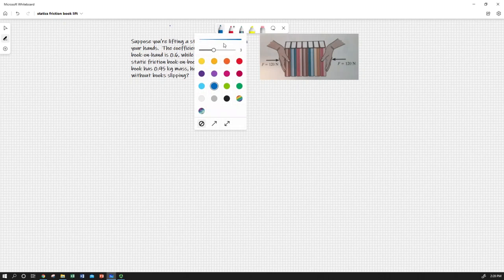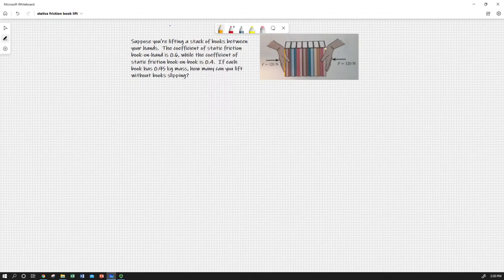And the coefficient of friction between the hand and the book, which would apply only to these end books here, is a little higher than it is between book to book. So hand to book is 0.6 and book to book is 0.4. We're given the mass of each book and we're asked to find how many books you can lift without the book slipping.